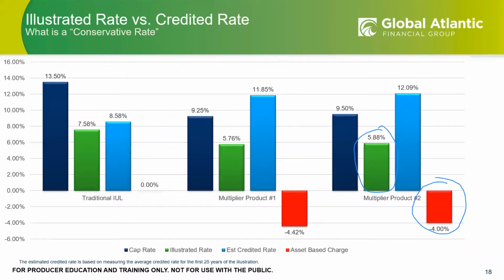When you're talking about multiplier products, a traditional index universal life is a really nice vehicle. It's a nice car with a lot of great features, a lot of safety features built in. Multiplier and bonus products are like taking that nice car with the nice six-cylinder engine and maybe adding turbo boost to it. So you've got the potential to go faster, but when you go faster, you're also taking additional risk.